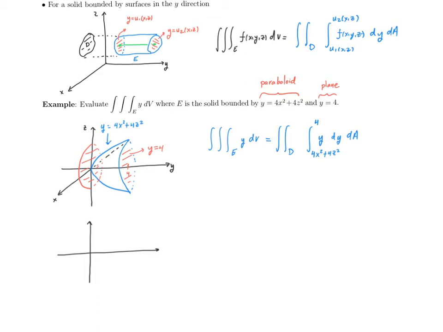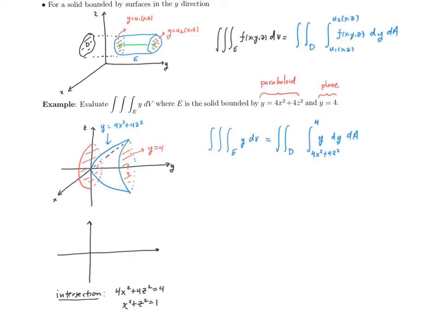In order to determine precisely what circle is bounding our region, we need to find an intersection, which is a familiar problem. That is, I want to know where the paraboloid intersects the plane. So we set the two surfaces equal, and note if you cancel off a 4 from each and every term, we have x squared plus z squared equals 1.